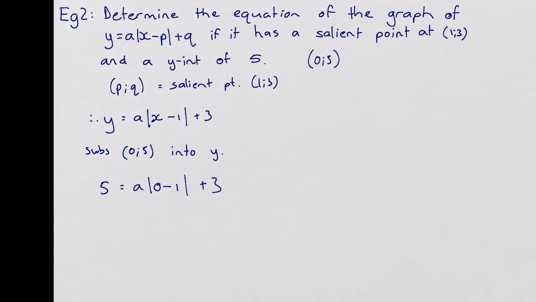Now this absolute falls away because there's a constant in there, which means 0 minus 1 is negative 1, but it's the absolute, so it's just positive 1. Plus 3, which means that a equals 2. So the final equation is y is equal to 2 into the absolute of x minus 1, plus 3.